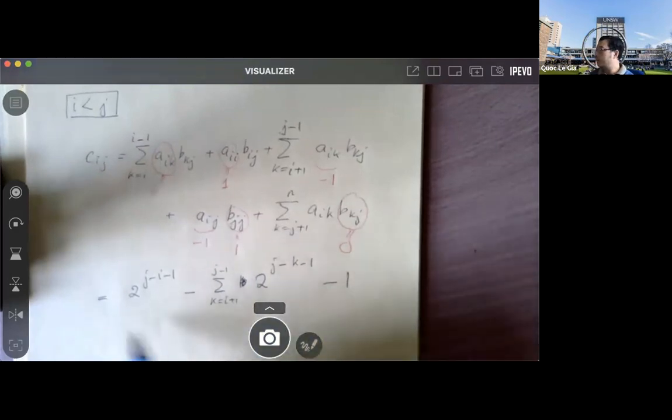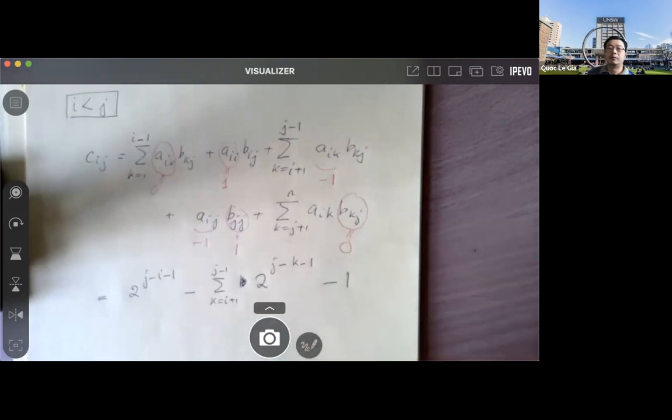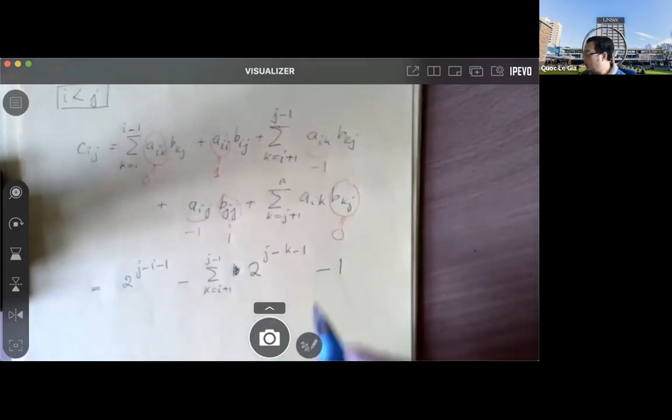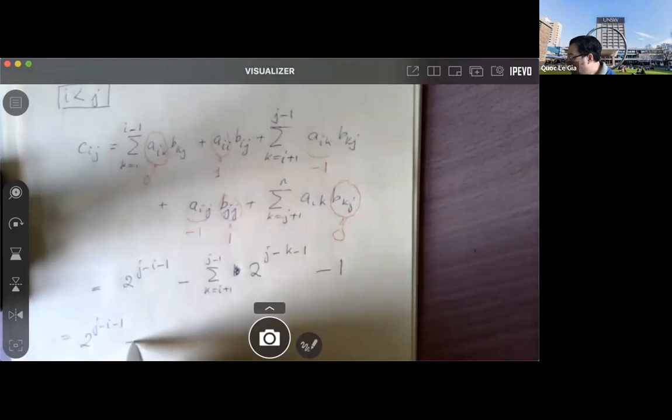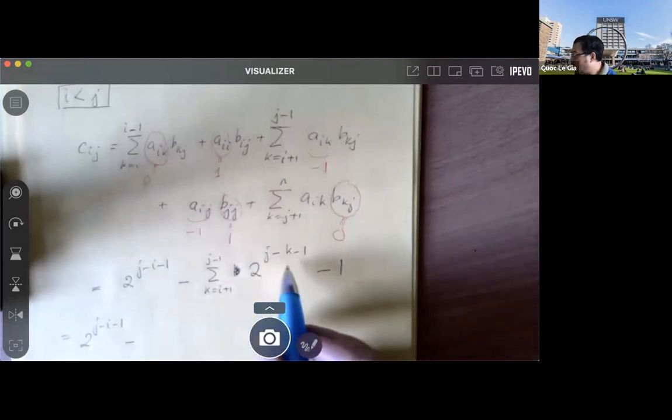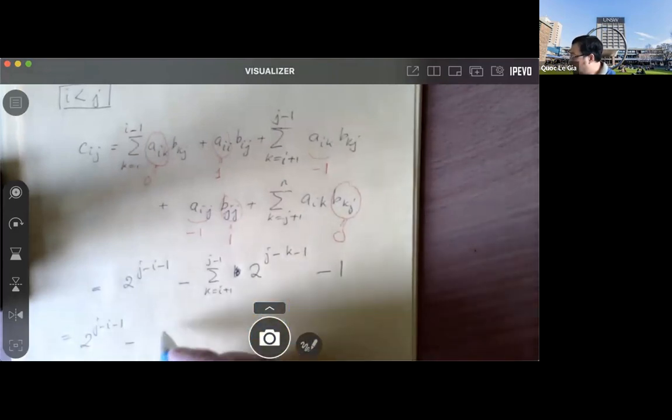So now we have 3 terms left. Let me write it down a bit more explicitly. Now I have 2 to the j minus i minus 1. And this one, if I plug in k equals i plus 1, I get 2 to the j minus i minus 2, right?